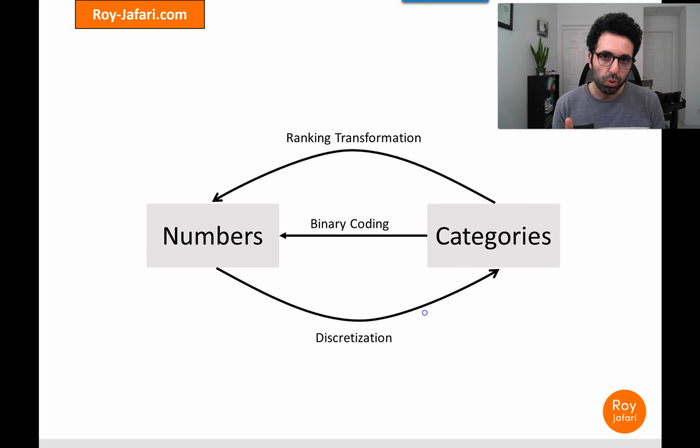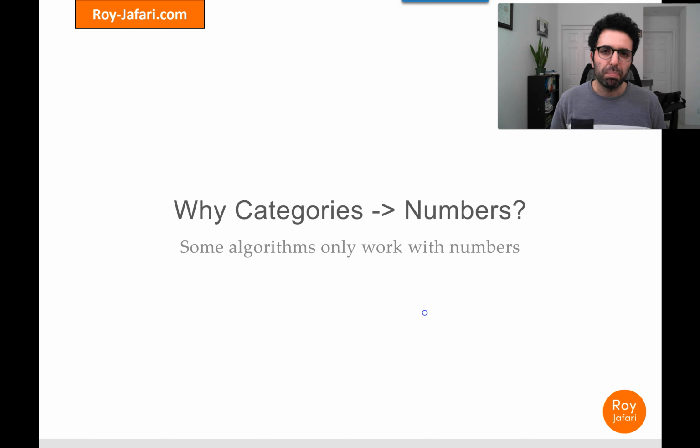And when we want to move from numbers to categories, we have to use discretization. So these are the 3 techniques and tools that we have for our migration from numbers to categories and from categories to numbers.